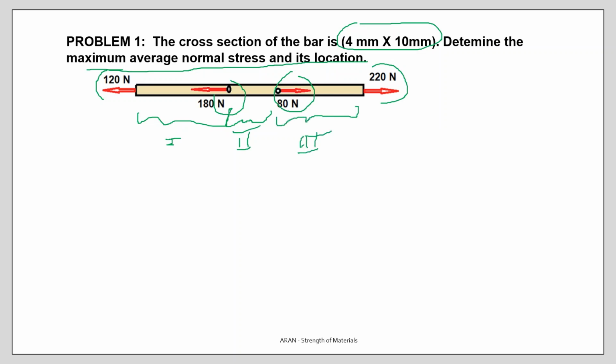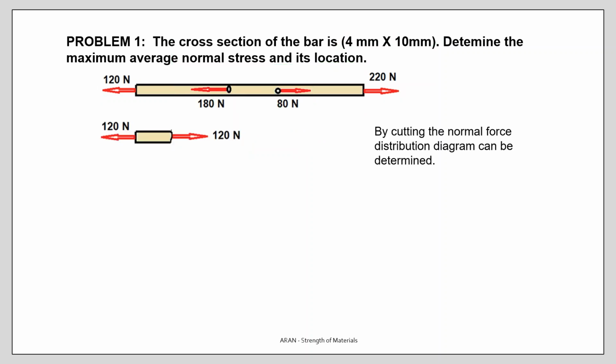The internal forces in these regions will be different. How do I find it? I cut and take a free body diagram. Let's cut here. And this is the free body diagram. And in order to have an equilibrium, the internal force in region 1 is 120. The next cut is in the second region.